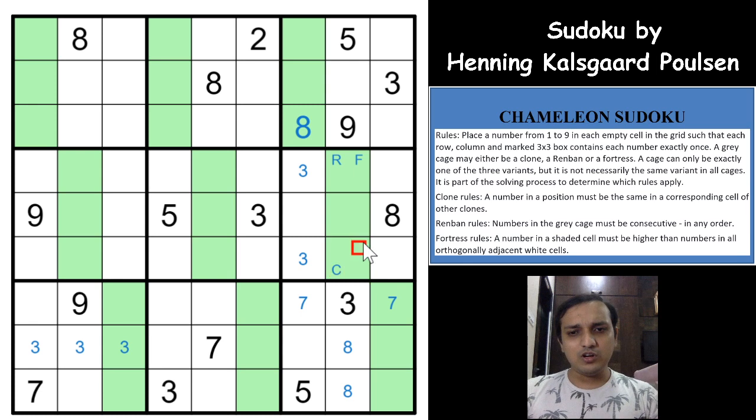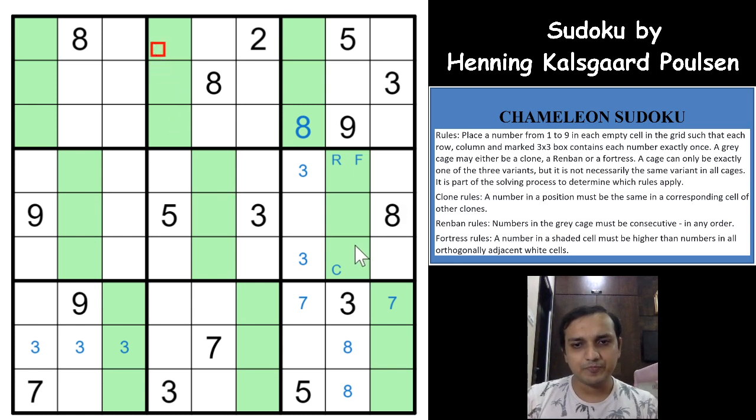And now we have found a clone region, which means somewhere in these boxes you will still have a clone region, which will have the same set of digits as this region. You can even have 3 clone regions, right? This one, maybe this one or this one, we are not sure of it, or maybe this one, right?